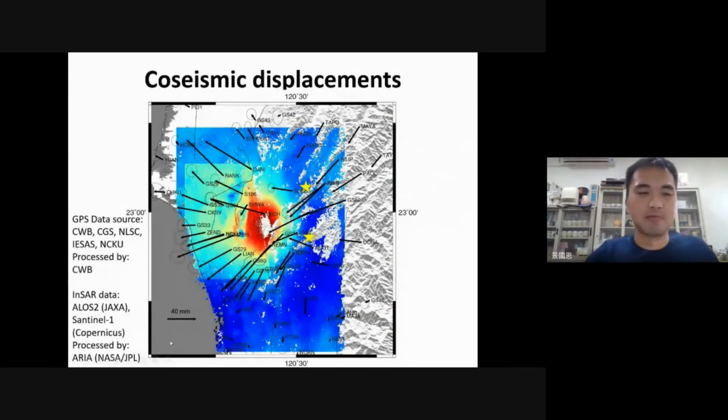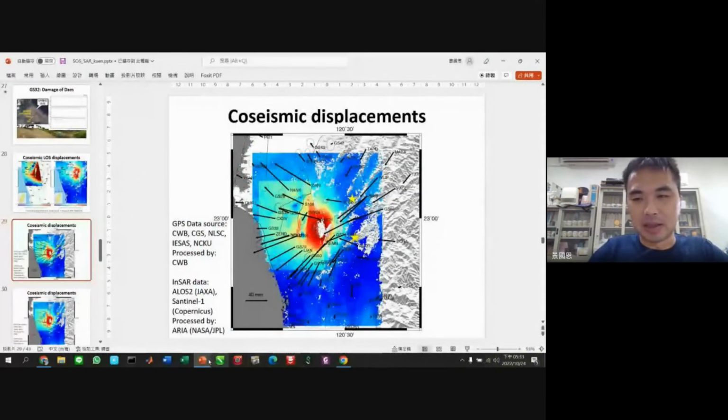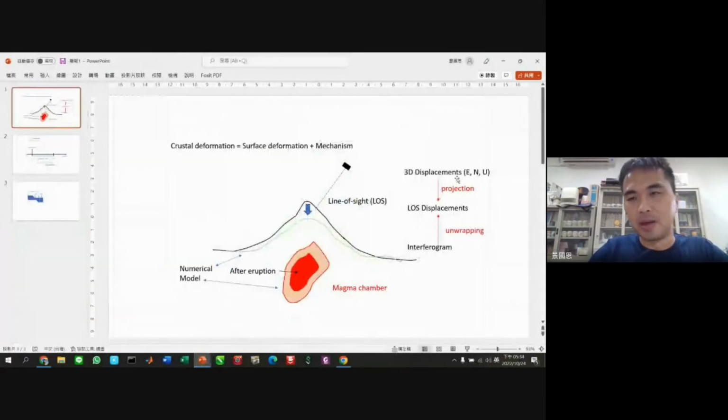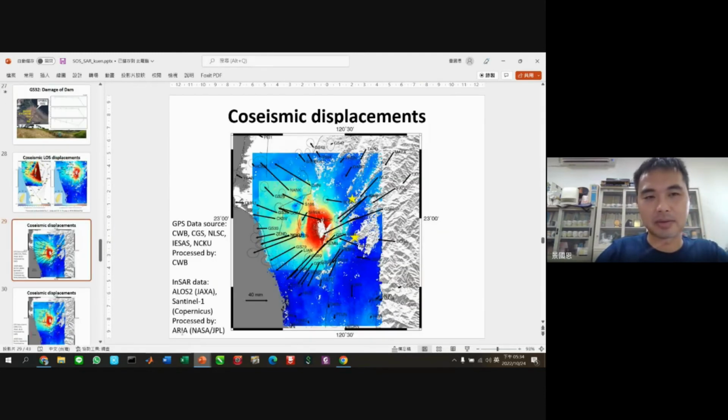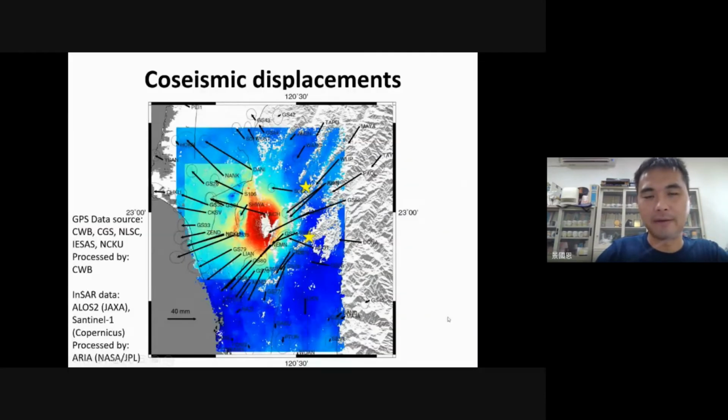It is very simple: once we have the three-dimensional displacement, we project it into line of sight components, then we get the line of sight displacement. And this line of sight displacement is generated by the unwrapping of the interferogram from the InSAR result.